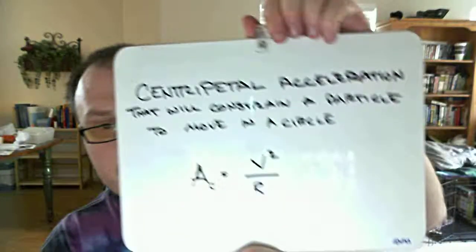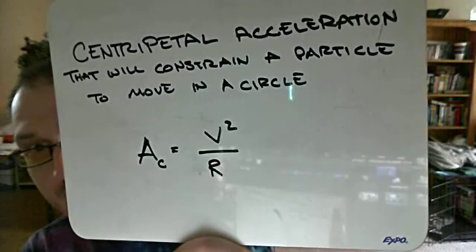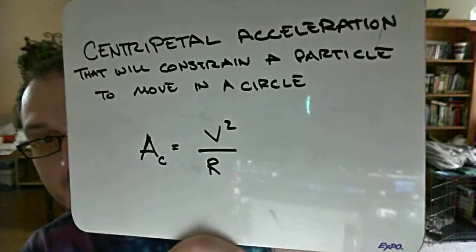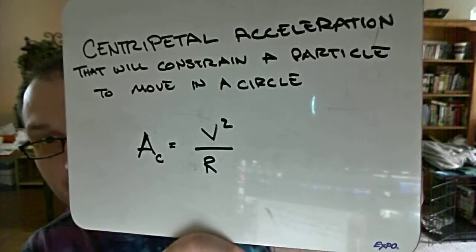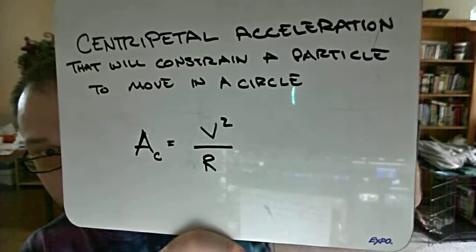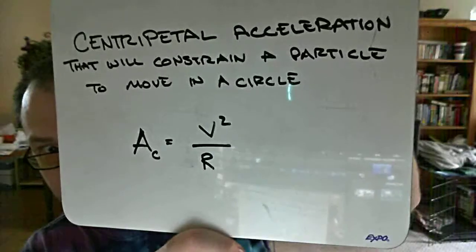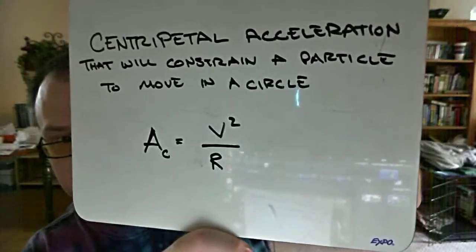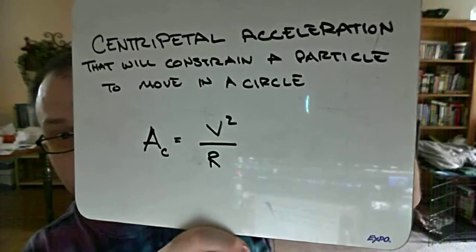So to wrap up, if there was something that I was putting on the back of this card to study, I don't know that I would do this one, but if there was anything I would put, it would probably be something like this. The centripetal acceleration that will constrain a particle to move in a circle equals the instantaneous velocity squared divided by the radius of that circle.